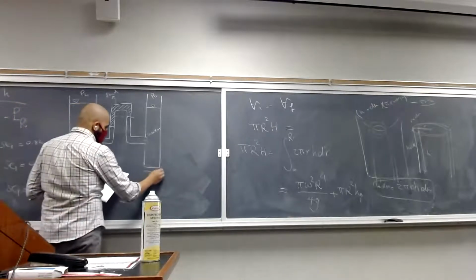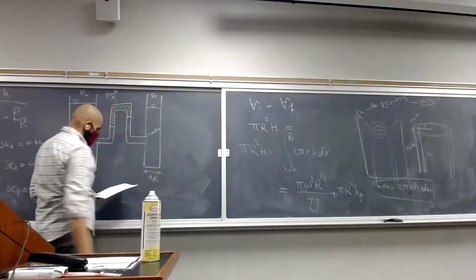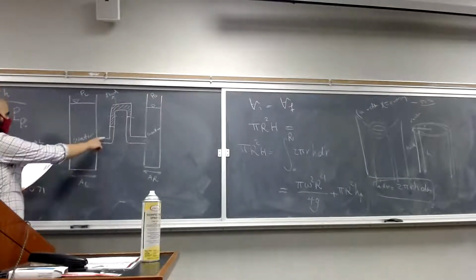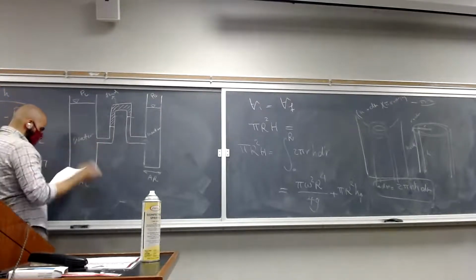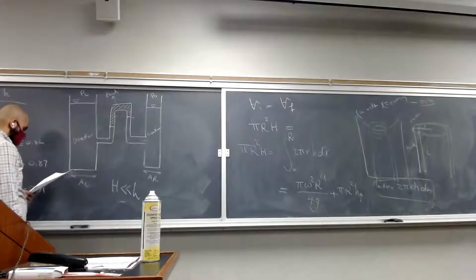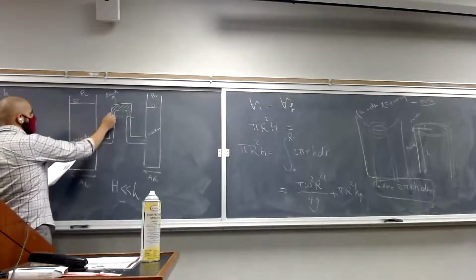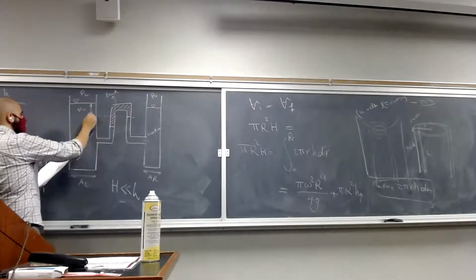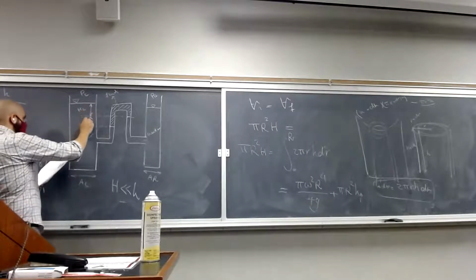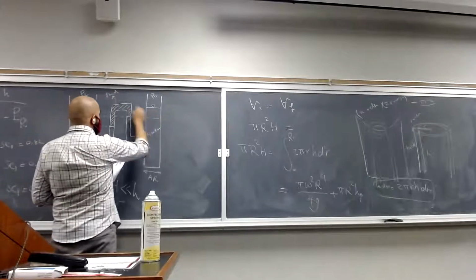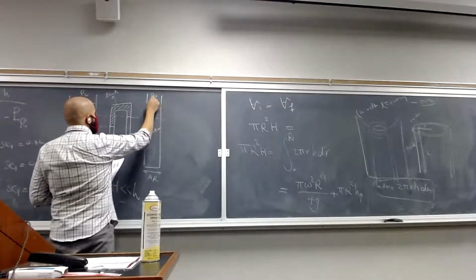We are also told that these areas here, AL and AR, are much larger than the cross-sectional area of these tubes here, which essentially means that H is much smaller than this h. So let me give you what the h's are. This is capital H of L. This is a small h of L. This has to be a little higher.